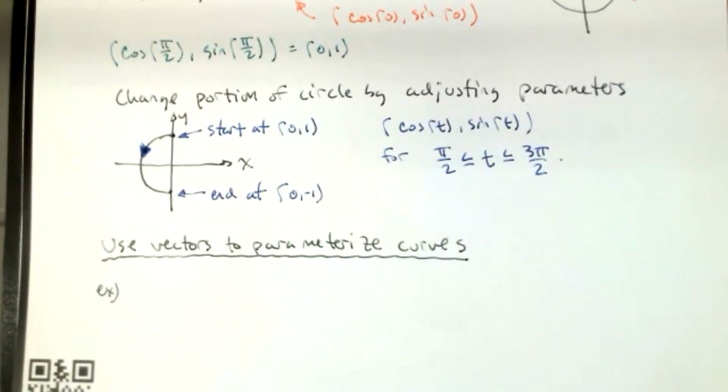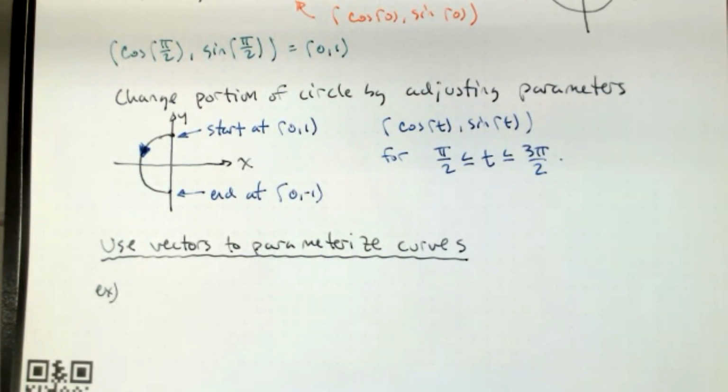I'm just going to keep using this unit circle. So rather than listing an ordered pair cosine t, sine t, I'm going to say cosine t is the i and sine t is the j.